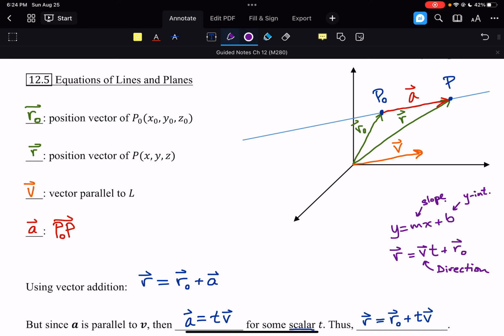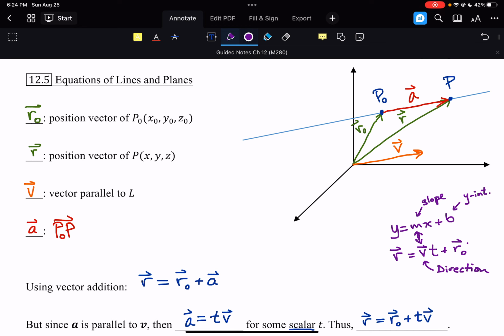Now we can't call it slope in 3D because slope implies that you're just moving between left and right. So we do have a three-dimensional space that we're working in, but the v basically acts like the m. So these two are kind of corresponding. x and t are going to be the values that change. So you put in x, you get out a y. You put in a t, you get out an r vector.